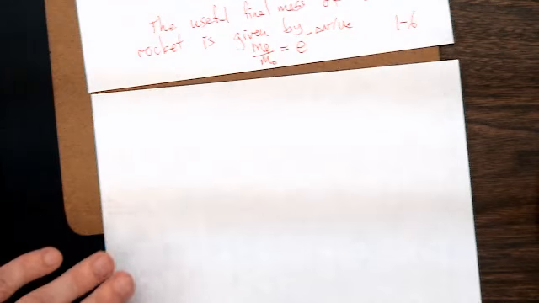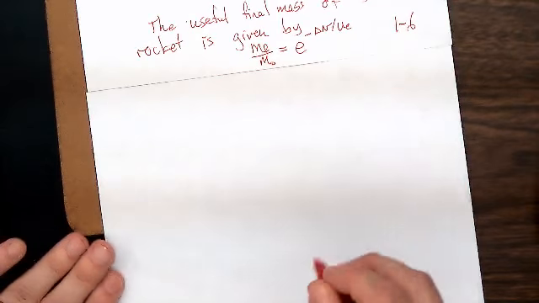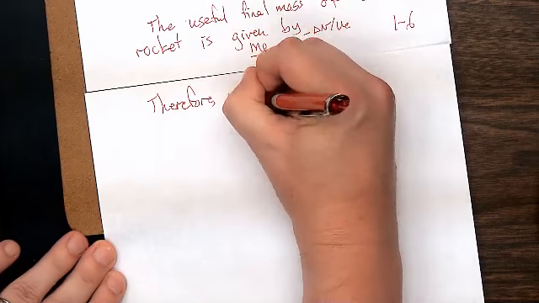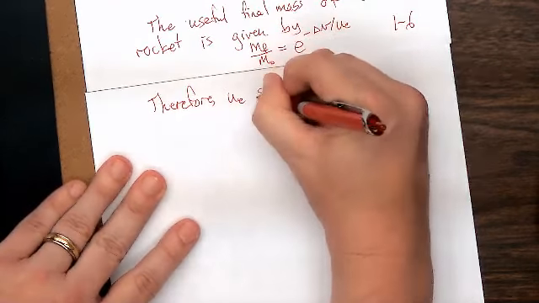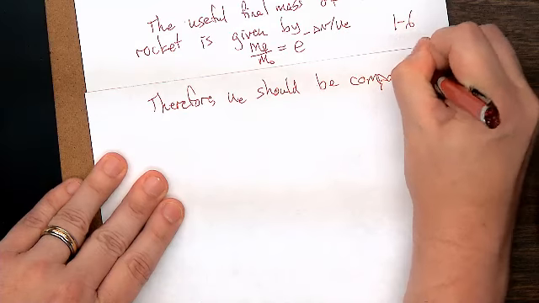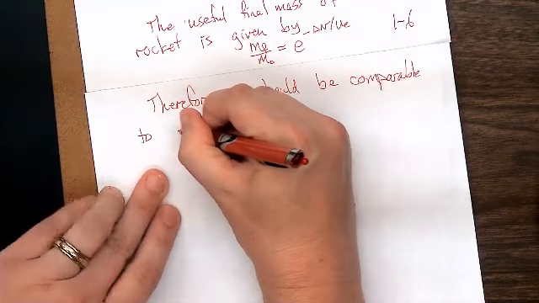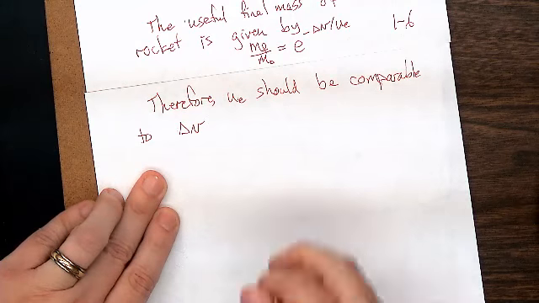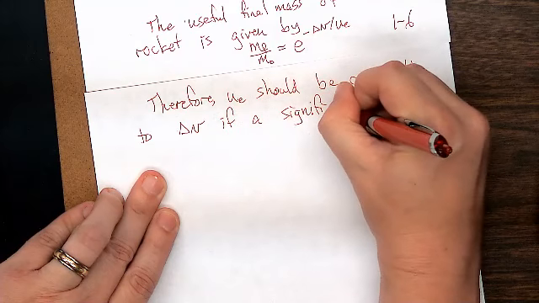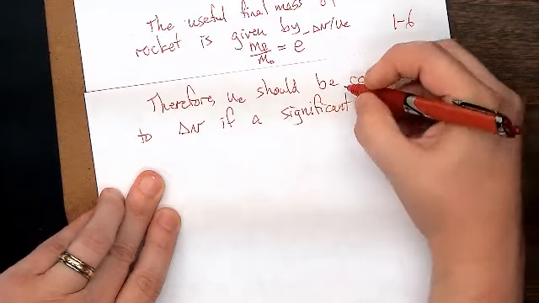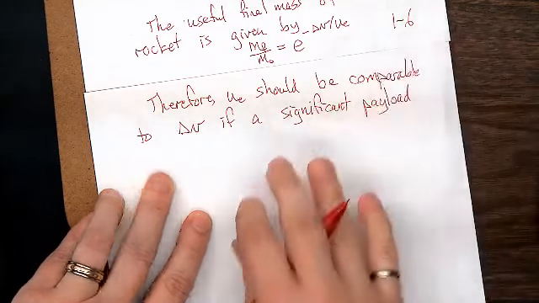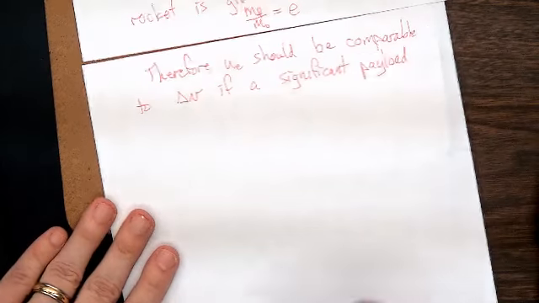Okay, so if we look at equation 6, we can say that the exit velocity U sub E should be comparable to the delta V if a significant payload remains after the rocket propellant is expended.